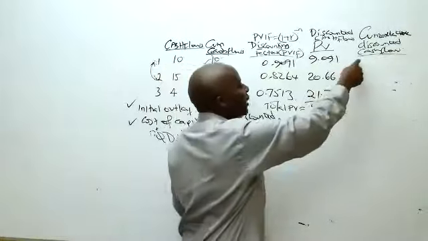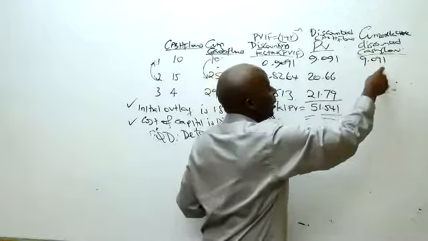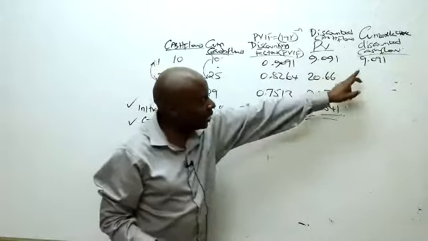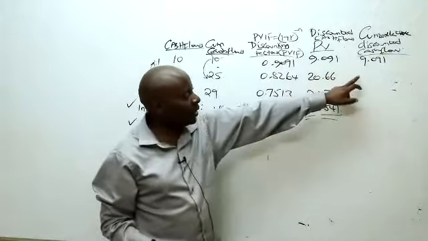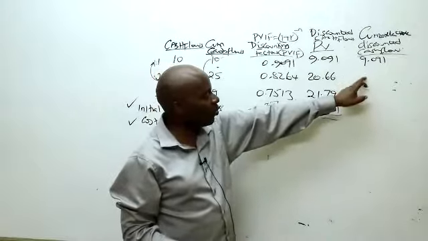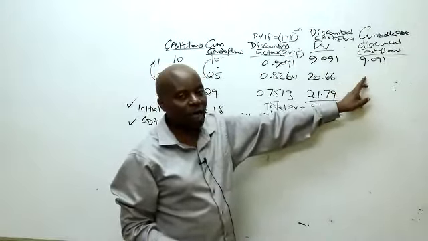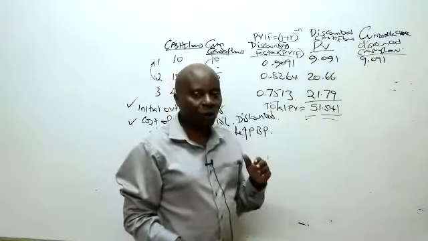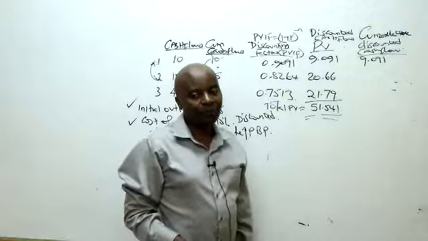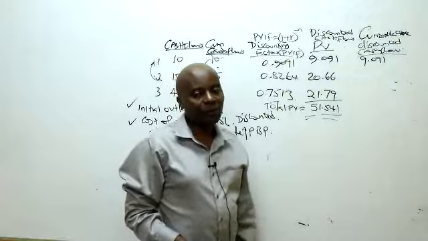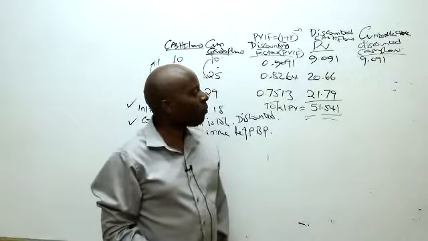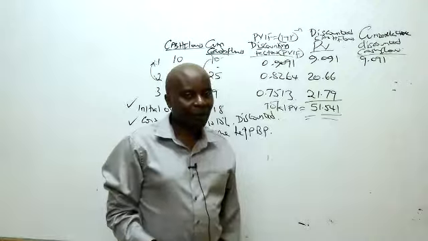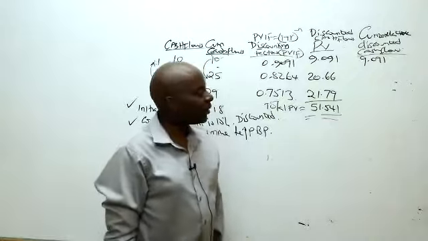So what do we have here? 9.091. Add the 9.091 to this figure, and give me the cumulative cash flow for this. 9.091 plus 20.66. What do we have there? 29.75.